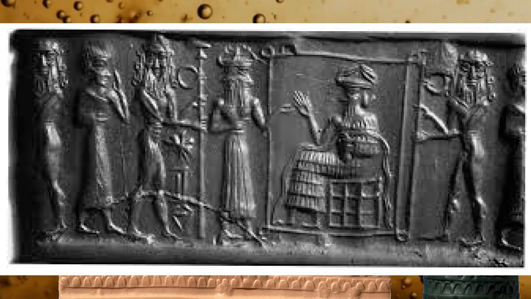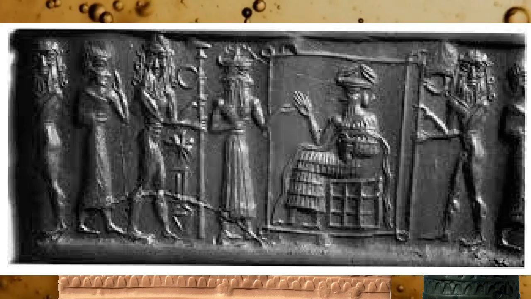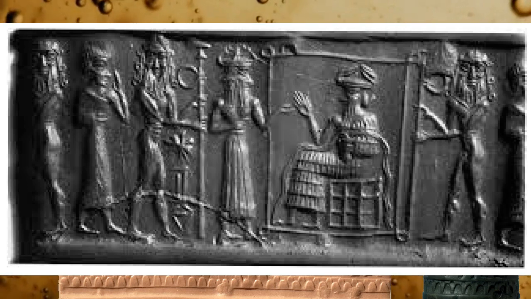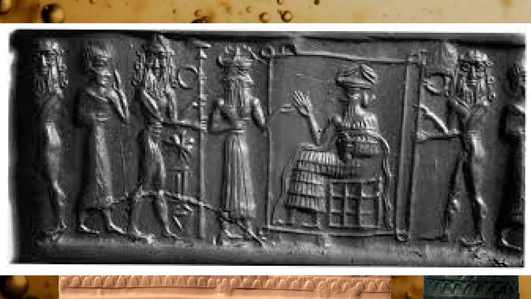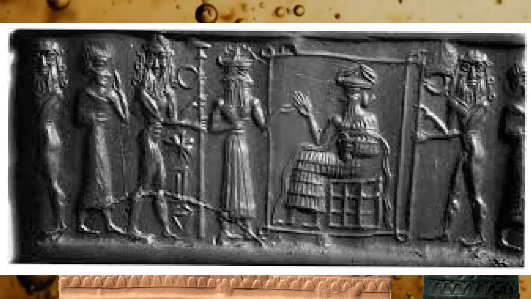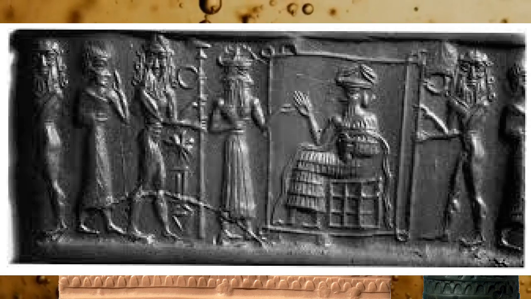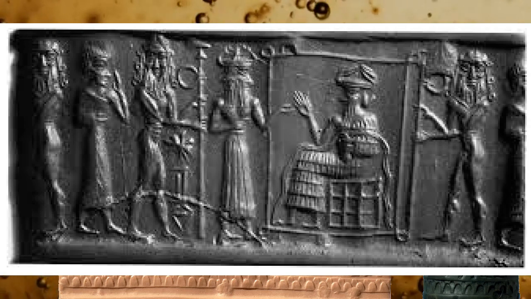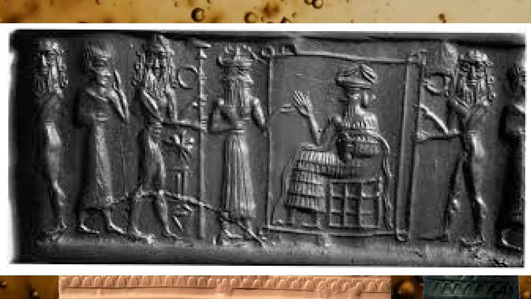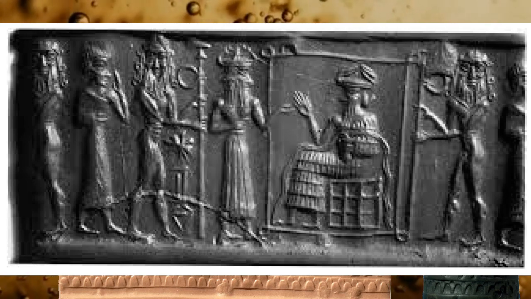He again has the horned helm. You see the traditional hand up greeting gesture. Izamud is present in this image. So again, pretty clear to identify this as Enki. Enki's iconography is very distinctive.